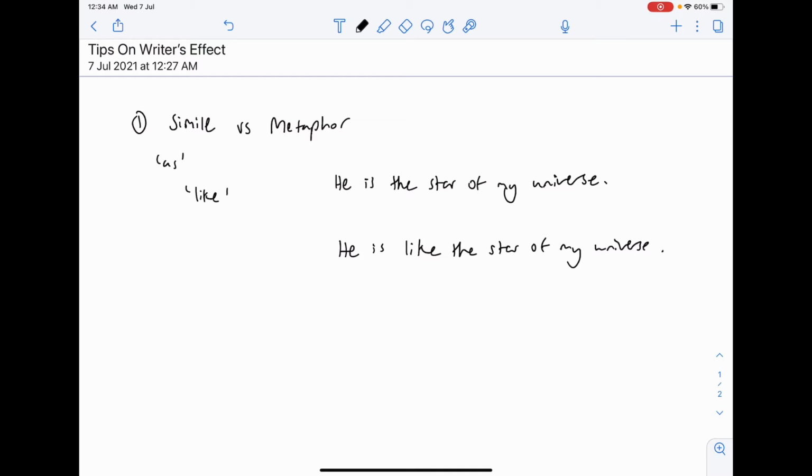Okay, and the only difference we know between a simile and a metaphor is the words that we use. But have any of us actually thought about what difference it makes? Why did the writer choose to use a metaphor instead of a simile, or vice versa? Why? What is the different effect? What does the word like add or take from the expression?